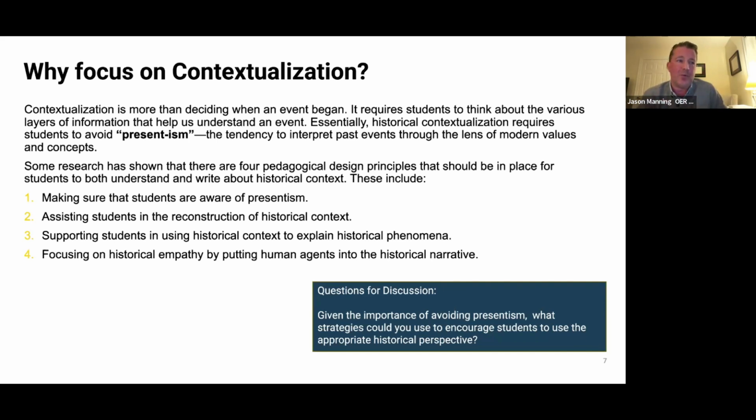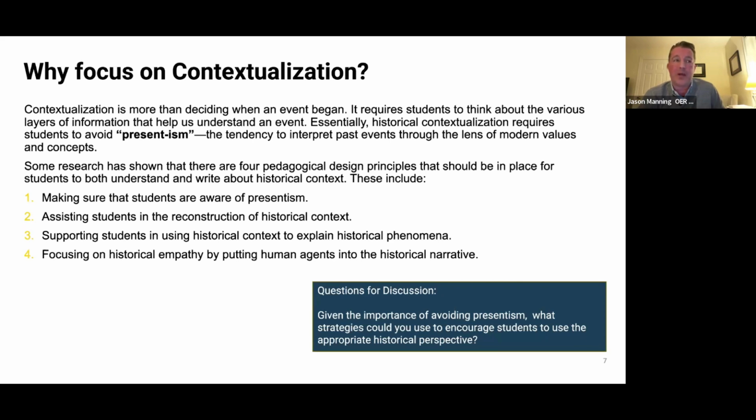And regardless of how I'm scale shifting, whether it's the parachute view or truffle hunting for the small details, kids really have a trouble with contextualization. They simply just don't know enough history to really make sense of the events. So it's a challenging task in any classroom that you're in.